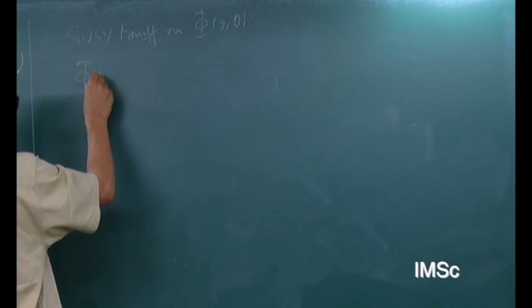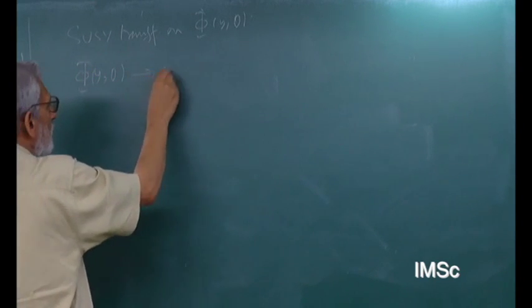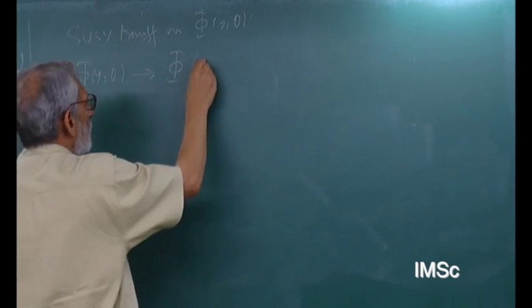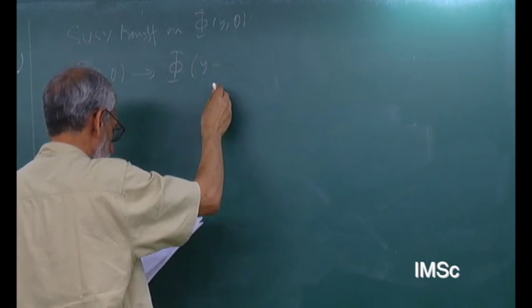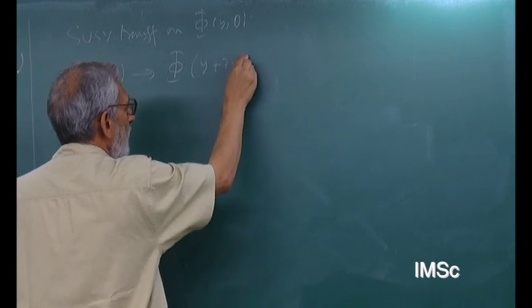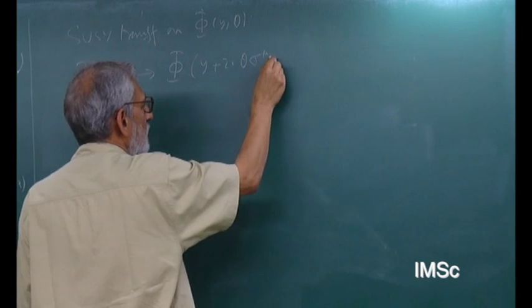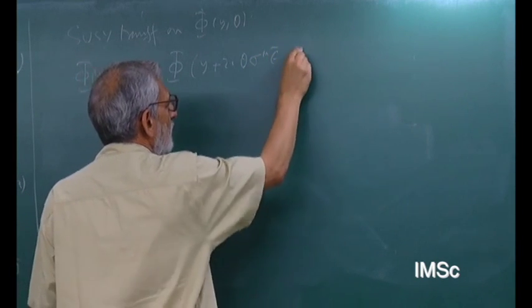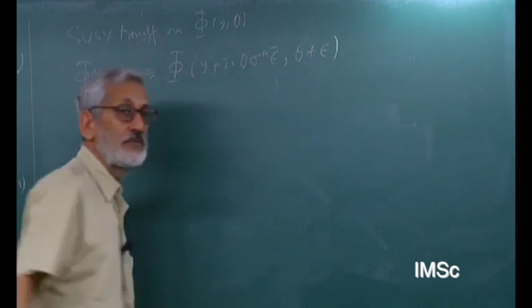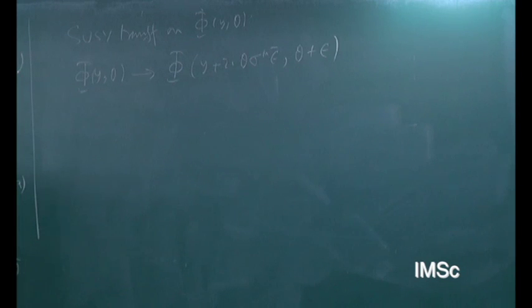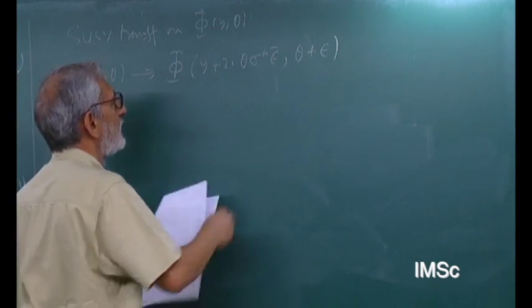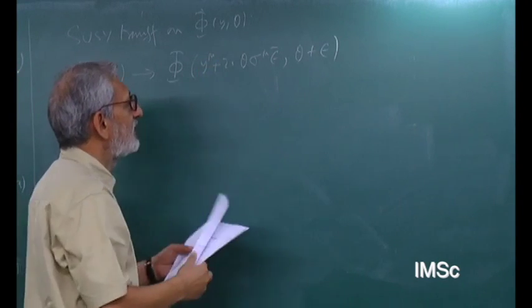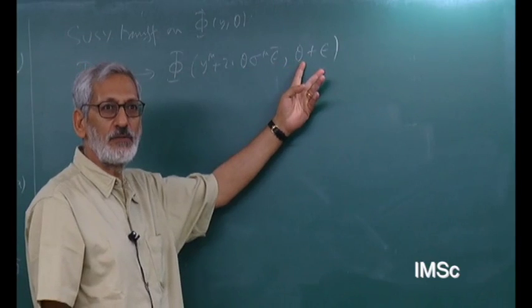Phi of y, theta would change into phi of y plus 2I theta sigma mu epsilon bar, theta plus epsilon. Y changes under supersymmetry by this amount, theta changes by this amount.